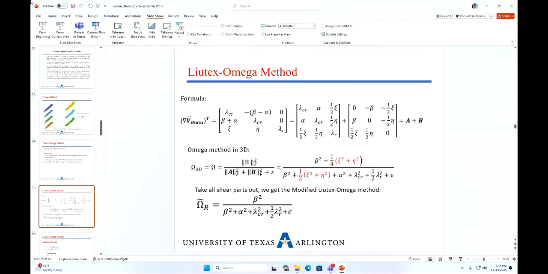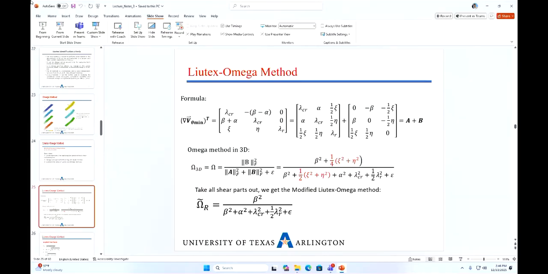So what we did, we just take this Xi, eta, we know this is shape, take them out. We still keep the beta, alpha, lambda Ci, lambda R.